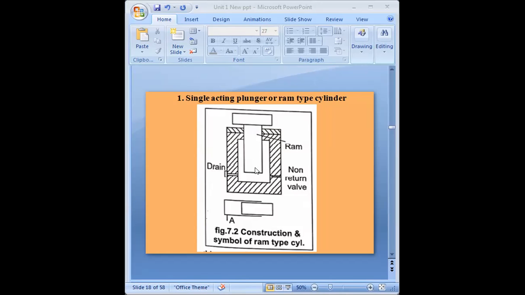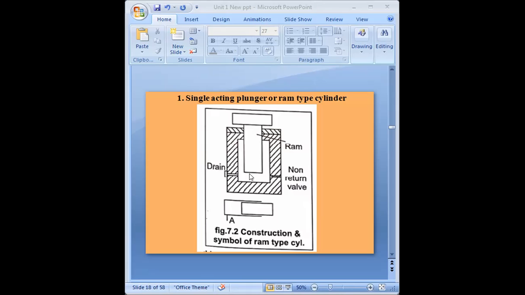So you can see the diagram here. Whatever fluid there is will come inside this cylinder through this non-return valve. The fluid will enter the cylinder, then it will apply force on this ram surface.